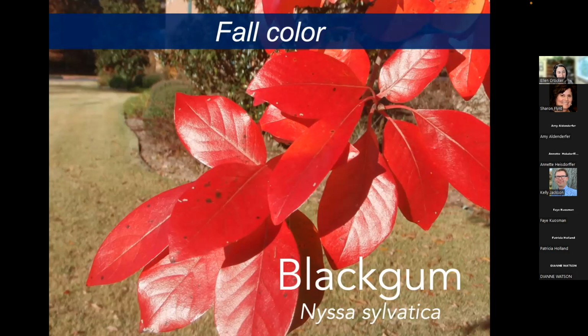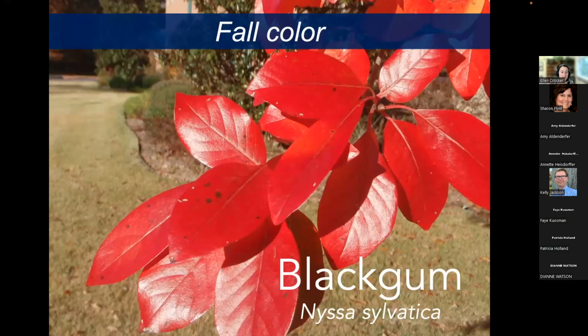It's a native tree species to our region, and it's just got really breathtakingly beautiful fall color, but it also just grows really nicely. It's got a nice form, and is a great selection for landscape settings. Now, you might see sweet gum a lot in the landscape setting. This is different. This is black gum, but a beautiful species that I think is underused and one that you could consider.